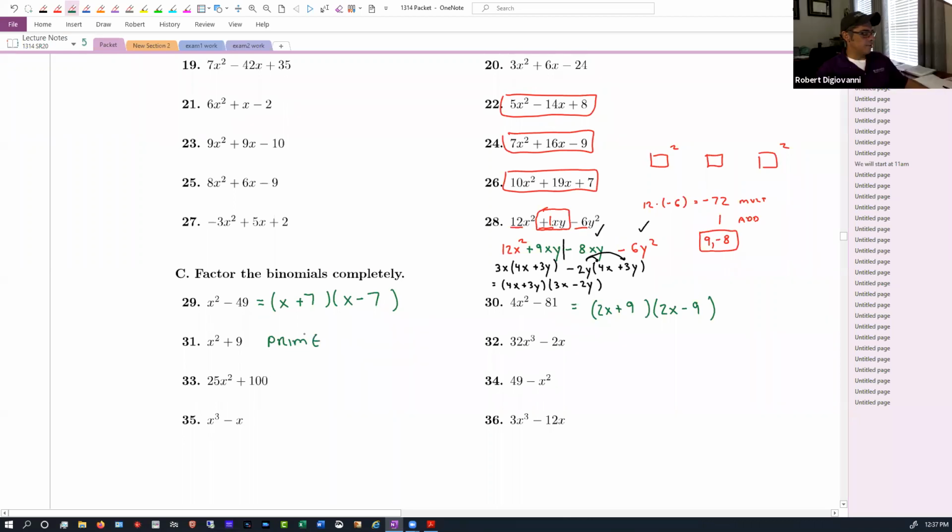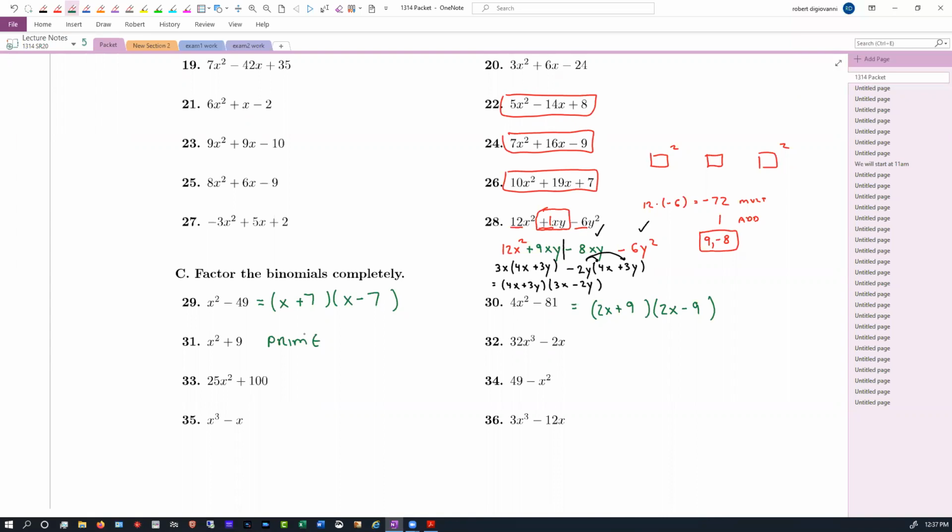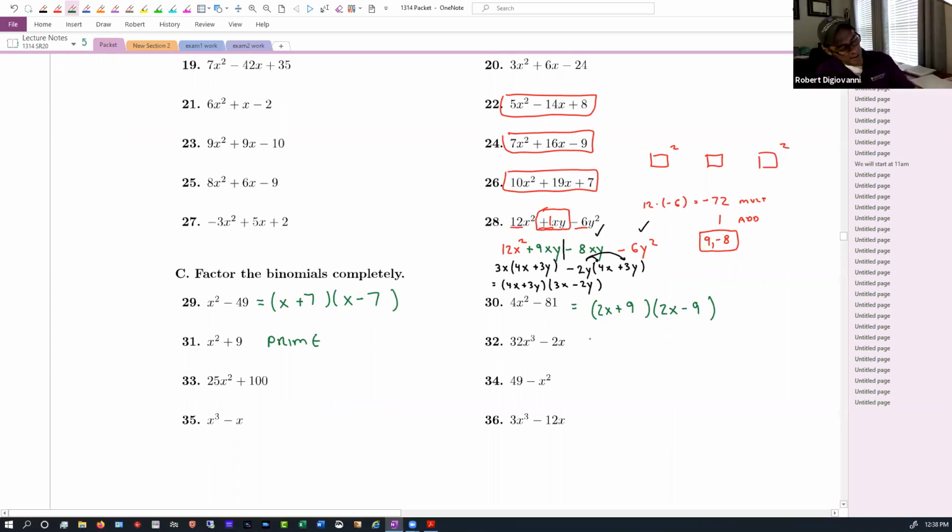Okay, what about 32? 32 is a little bit different. So what's the first step for factoring anything? GCF. So when you look at that, I can actually pull a 2 and an x out to start. Okay, so I'm not doing any formula, difference of squares or anything. I'm just pulling out a GCF, which is always the first step.